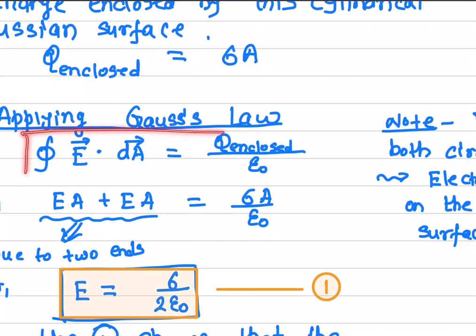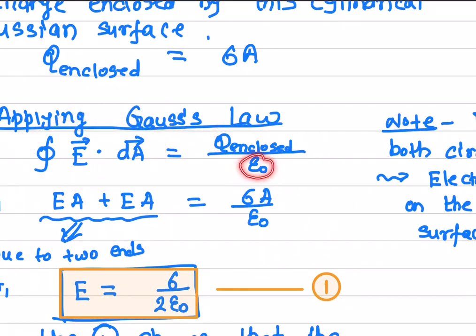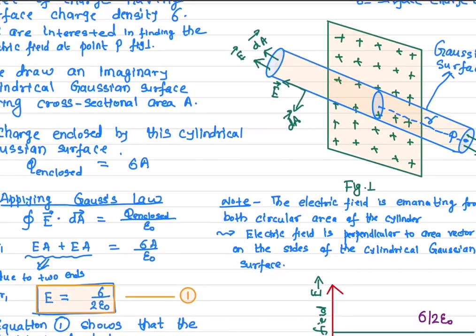Now we're going to use Gauss's law. This is Gauss's law. The integral term tells you the total flux passing through the Gaussian surface, this is the charge enclosed by the Gaussian surface, and this is the permittivity of the medium. The flux is only coming out of these two areas. There is no flux coming out of the side, because there the electric field and the area vector are mutually perpendicular.